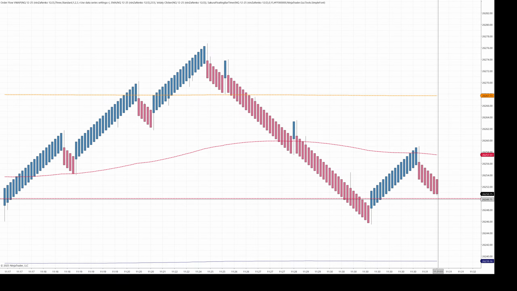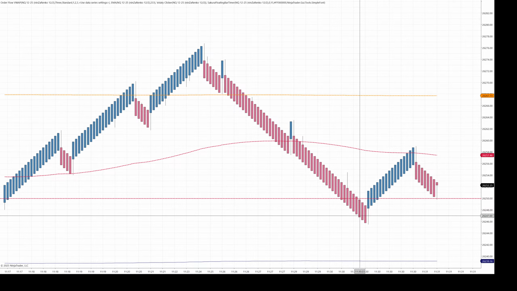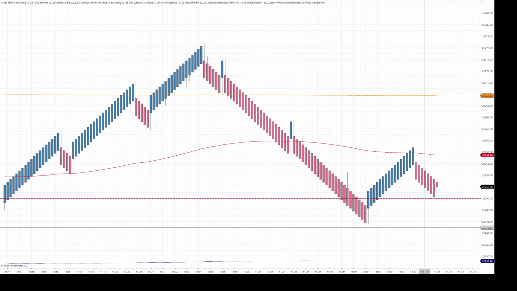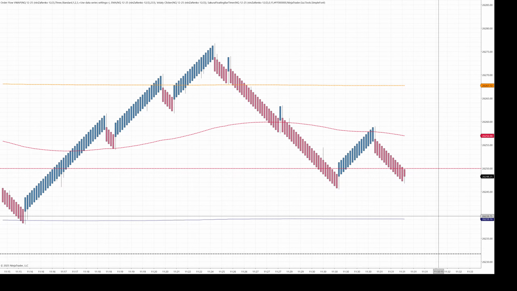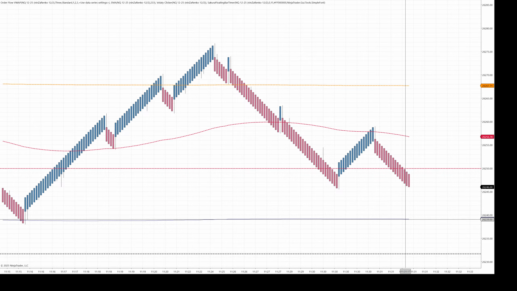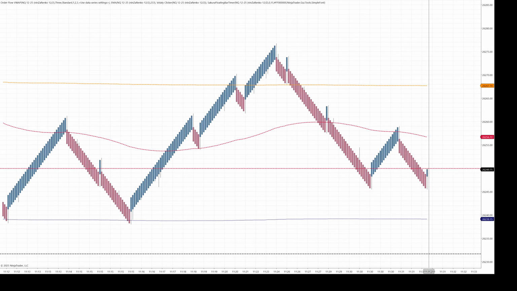And then we don't have room to take the bounce up because of this T-line. I would prefer we just keep going down until we hit this standard deviation level. There's going to be room to take the bounce up.